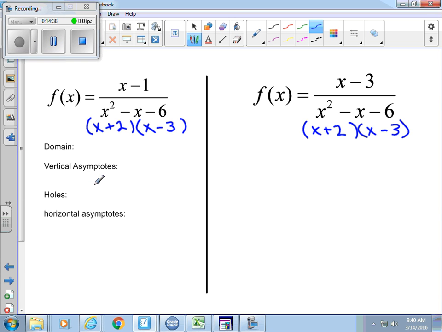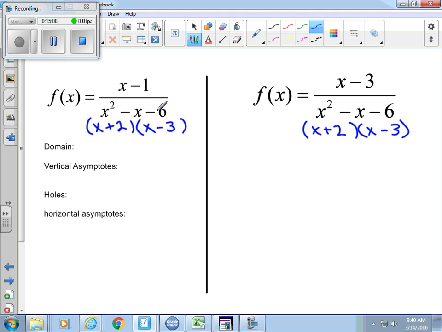Alright, so let's talk about domain. Remember, domain is all the x values, or what x can be. So you tell me, what can it not be and why? What can x not be? It can't be 0? 0's okay.